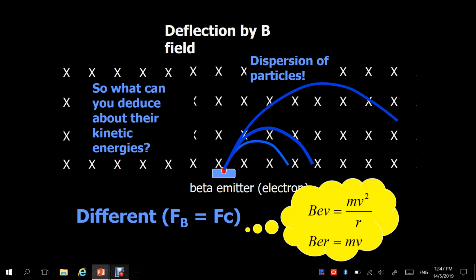Because r is not the same, and B, E, m are constant, r must be proportional to the velocity V. So the larger the r, the larger the velocity. The smaller the r, the smaller the velocity. Having different tracks here means they all have different radii, and therefore beta particles are emitted with different velocities.